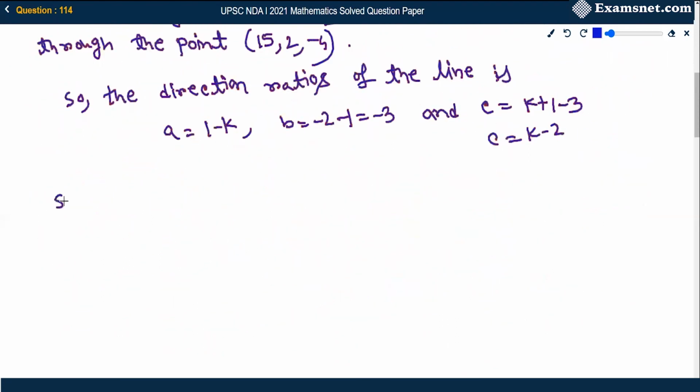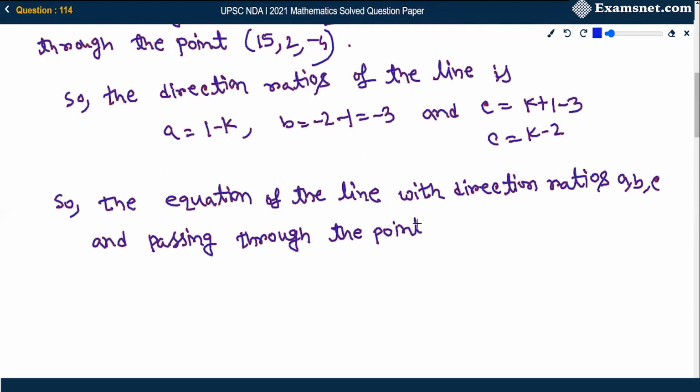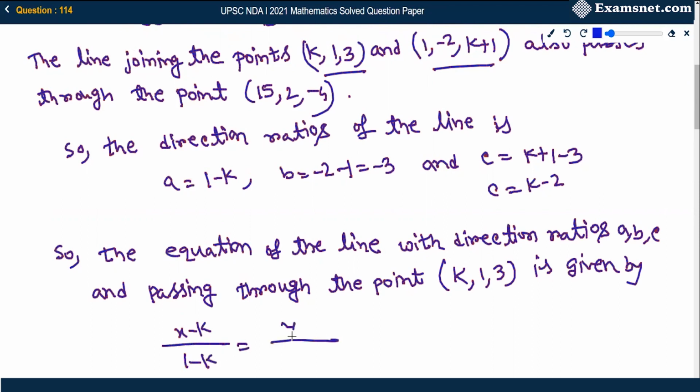So the equation of the line with direction ratios A, B, C and passing through the point k, 1, 3 is given by x minus k by 1 minus k, y minus 1 by minus 3, equals z minus 3 by k minus 2.